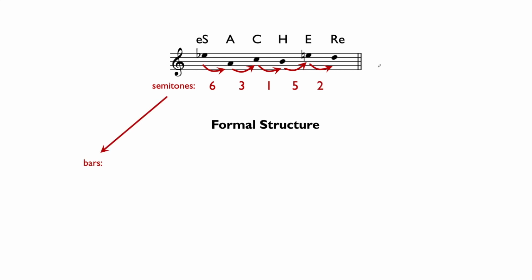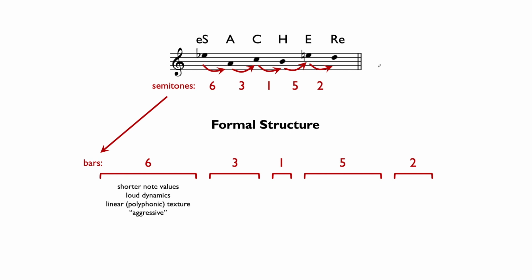What can we do with it? We can take them as bars, as measures: 6 measures, then 3 measures, 1 measure, 5 measures, and 2 measures. What are those measures? Those are sections of our music.